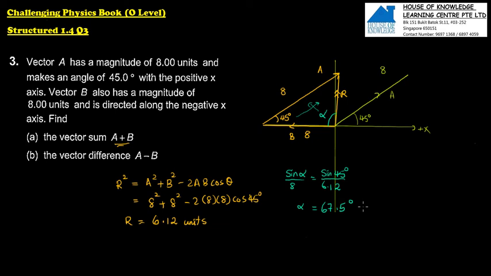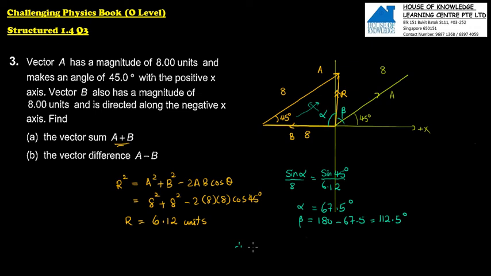So how do we express the direction? We express the direction of r in the other direction here. Let's say this is beta. In other words, beta is 180 minus 67.5. The answer will be 112.5 degrees, right?